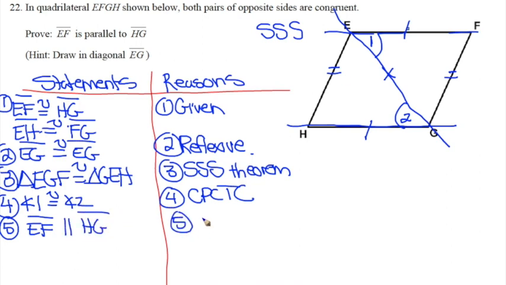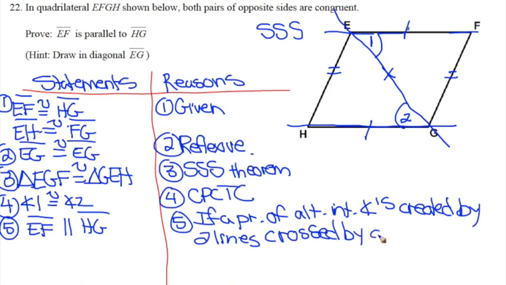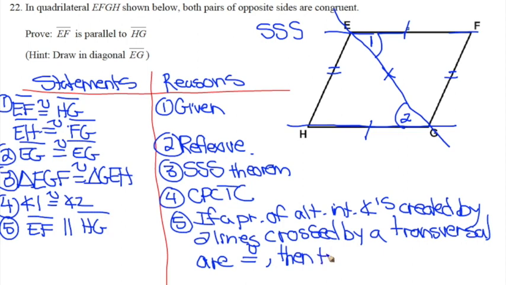The reason is because if a pair of alternate interior angles created by two lines crossed by a transversal are equal or congruent, I'll say congruent, then the lines are parallel. QED.